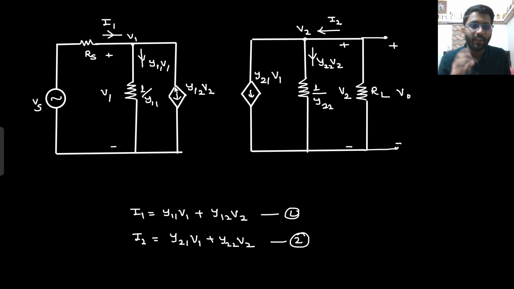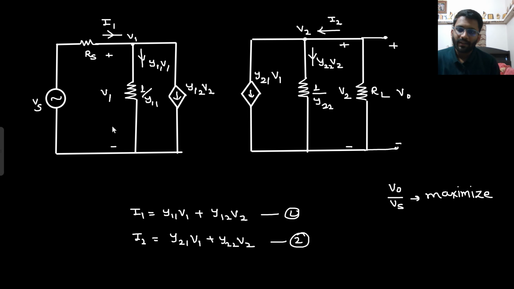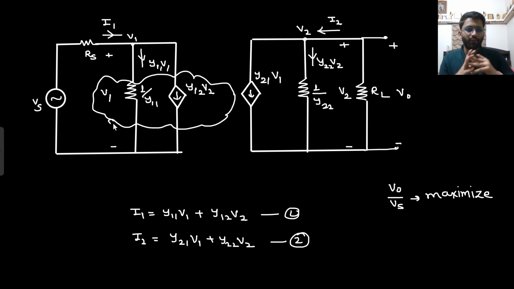Okay. Now you need to maximize V0 by Vs. This is our target. Tell me one thing. If this complete configuration is replaced with an open circuit, what will happen?